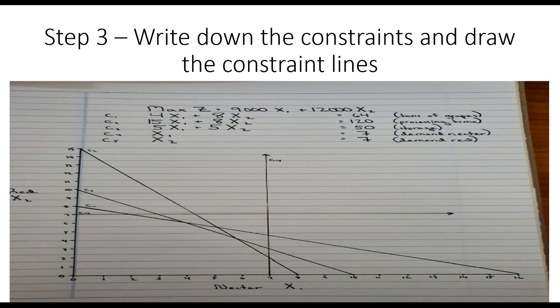I've labeled each of them. C1 is right here. C2 here. C3 here. C4 goes up, and C5 goes across. Oh, this is C5, not C4.